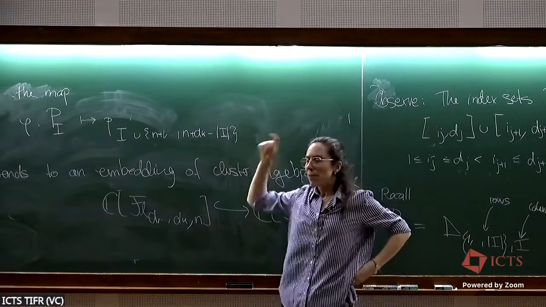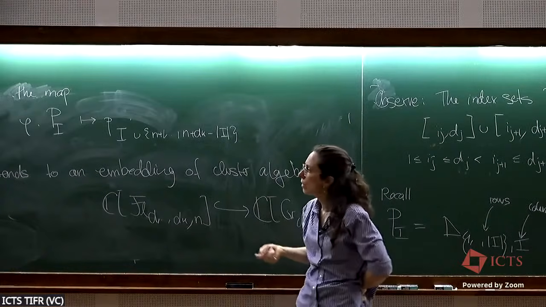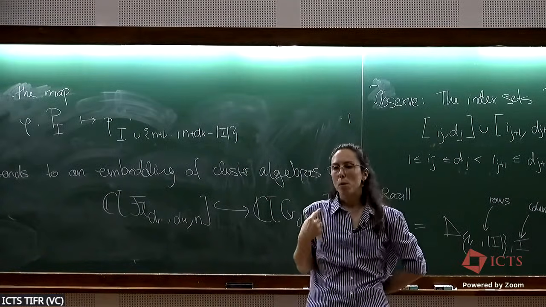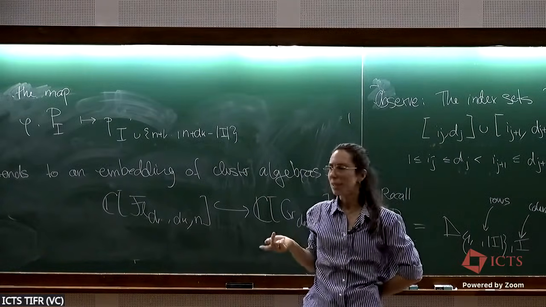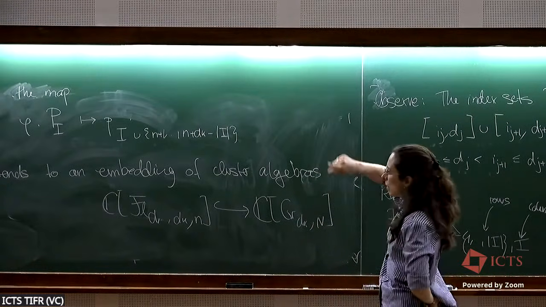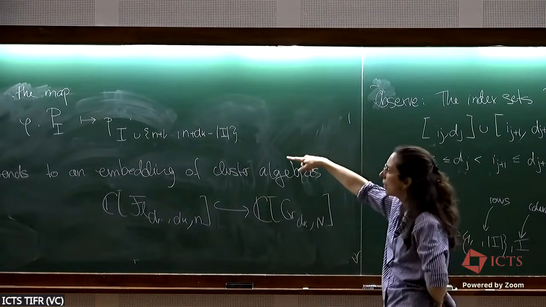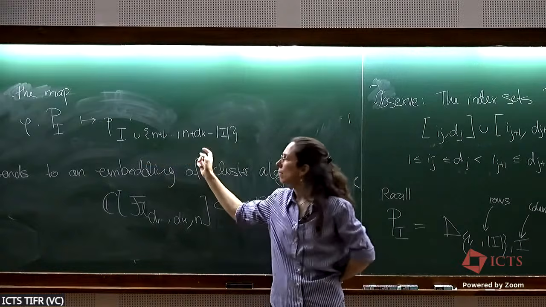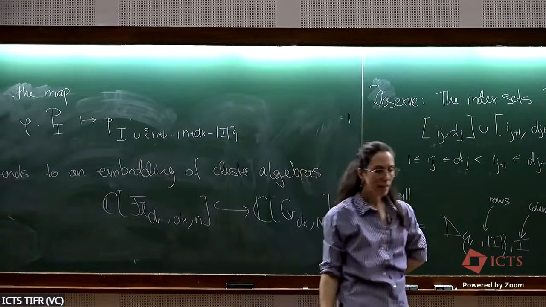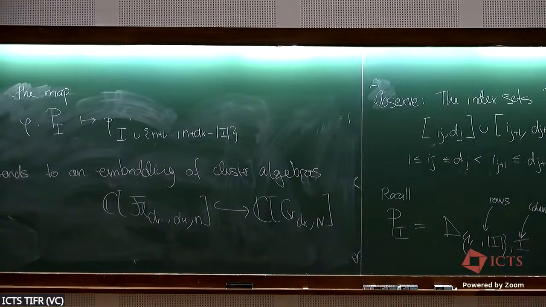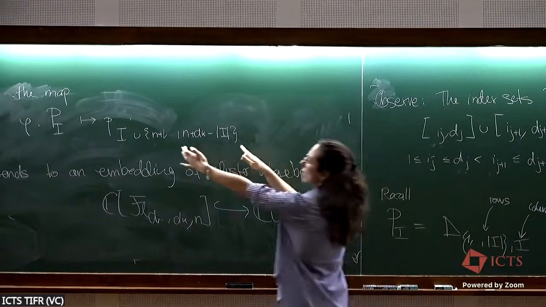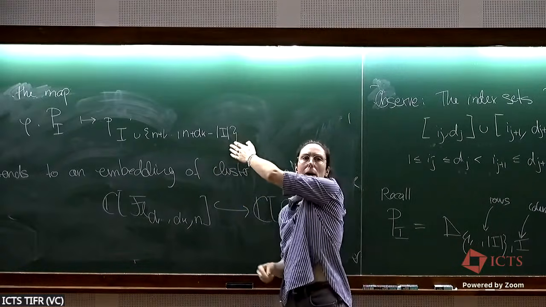So actually, when we started this project, we were first interested in only two classes of partial flag varieties that appear in particle physics, and I will mention this a bit in the rest of my time. And there we actually did a different embedding. So if you are in the case of two-step flag varieties only, then you can also add the interval here that goes all the way until capital N.